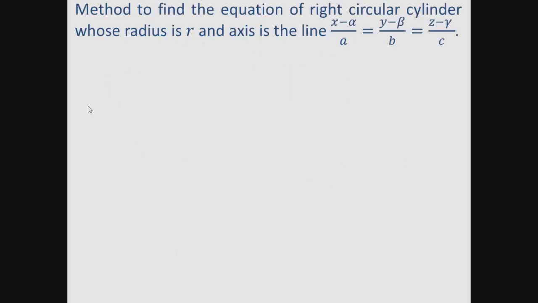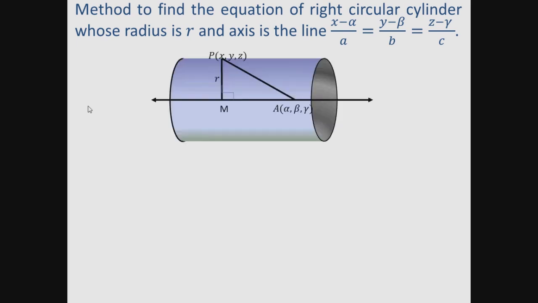Now, if you want to find the equation of a right circular cylinder whose radius is r and axis is the line (x minus alpha)/a equal to (y minus beta)/b equal to (z minus gamma)/c, what is the method? Suppose this is the cylinder. Take any point P(x, y, z) on the surface of the right circular cylinder.